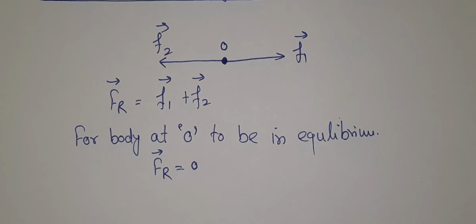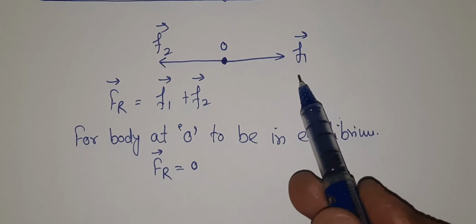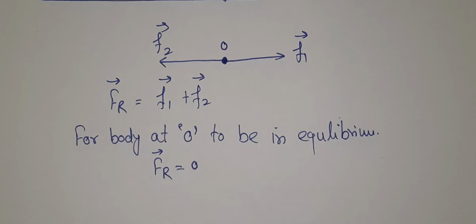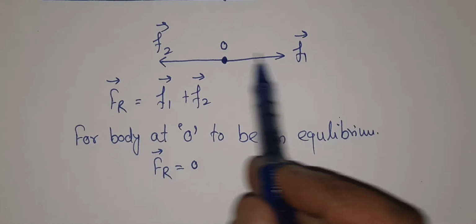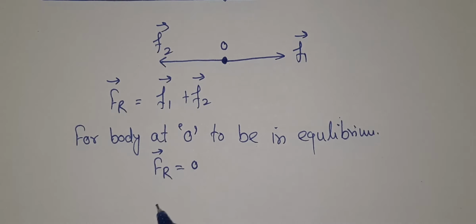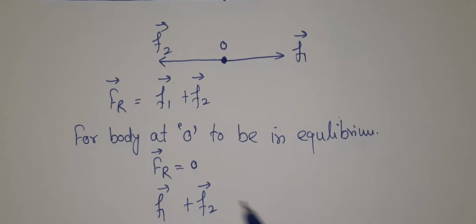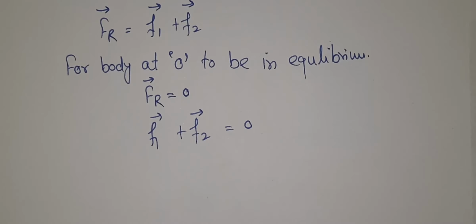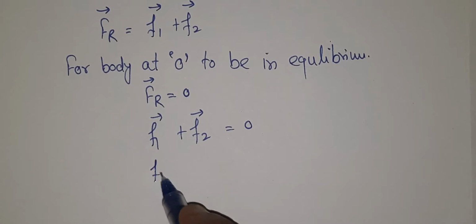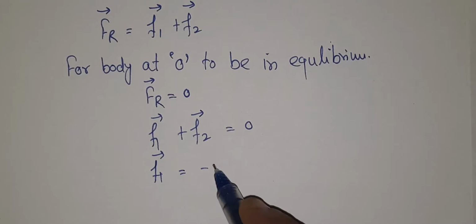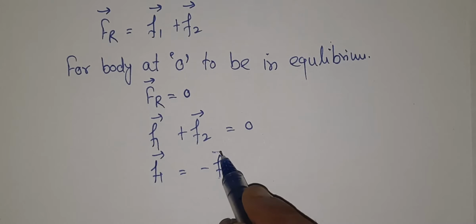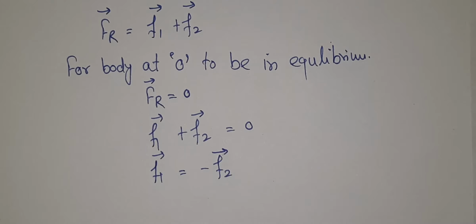Now you just think, when will the resultant force for this F1 and F2 be equal to 0? When these both forces F1 plus F2, vectorially added, give resultant 0. When will this happen? When F1 will be equal to minus F2. It's okay.